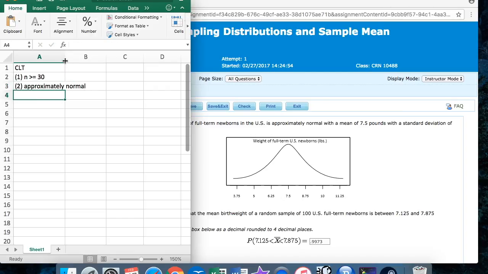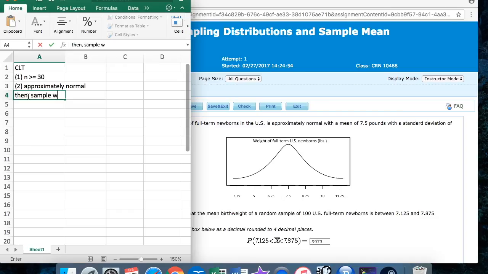So if you have either of these, you can use the central limit theorem. If you have this, then you have this nice thing: the sample will be normally distributed.